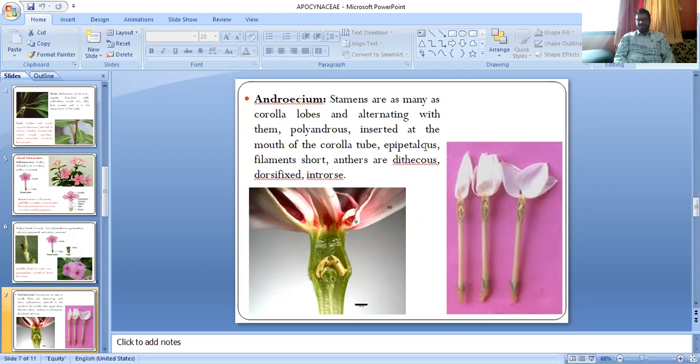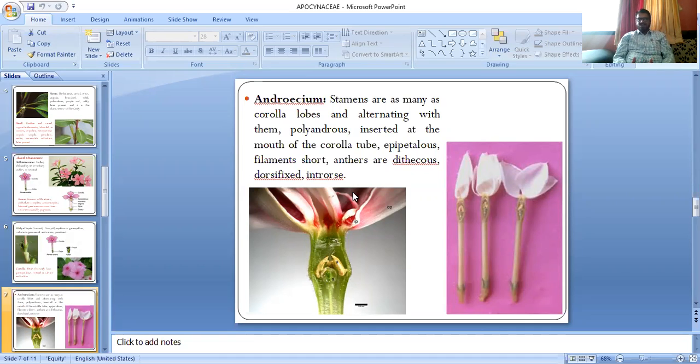The filament is very short in this case. Filament is very short means, as I told you earlier, the filament will not be visible in this.